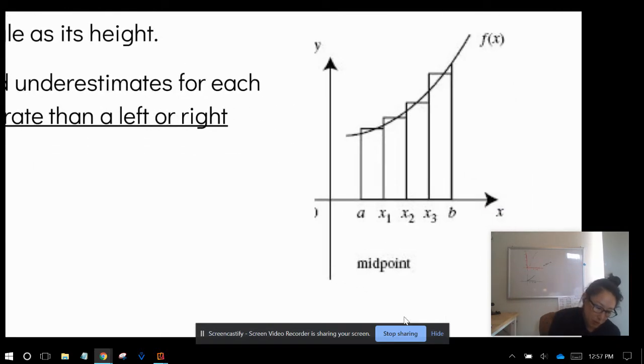So what we're going to be doing is using the midpoint here to find our height.